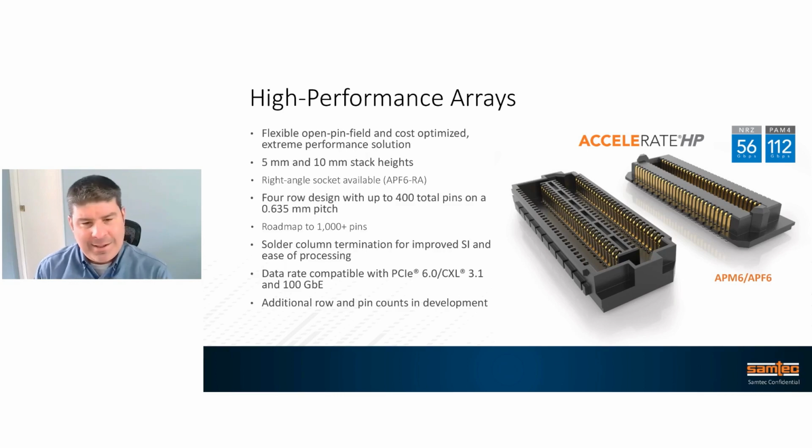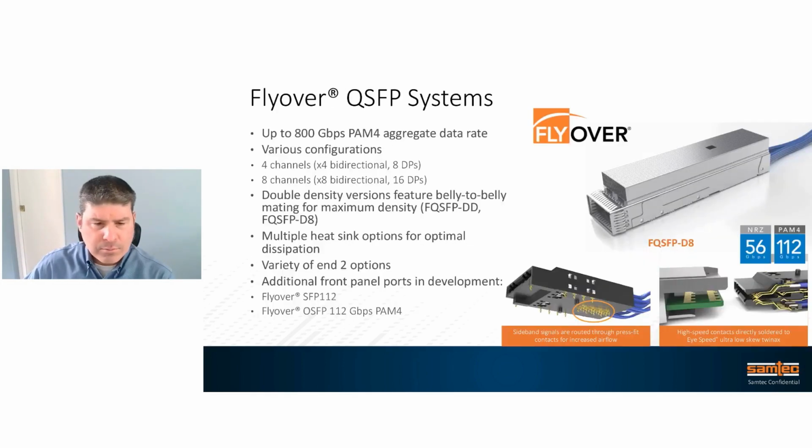So by adding that additional space, we can increase the data rate from 64 on the Accelerate HD all the way up to 112 gigabit per second. We're also looking to test this at 128 gigabit per second as silicon and solutions become available at next generation speeds. Again, Accelerate HP is also very popular on a number of AI system-on-module solutions.